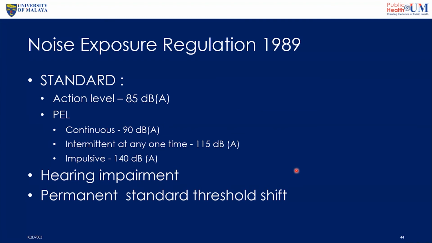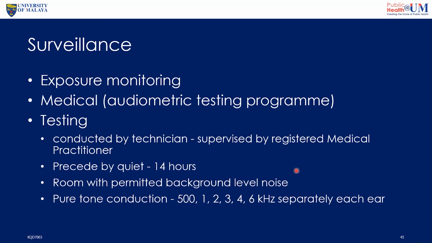So we have noise exposure regulation, 1989. Standard action level 85 dBA, PEL is 90 dBA, intermittent at any time 115 dBA, and impulsive noise at 140 dBA. All right. So we are looking at hearing impairment by doing your hearing test every year, and also looking at permanent standard threshold shift. So if you're exposed at action level, you basically need to do a test every year.